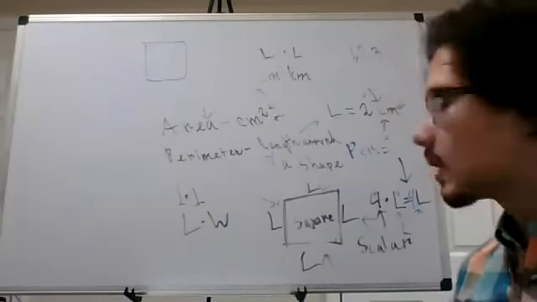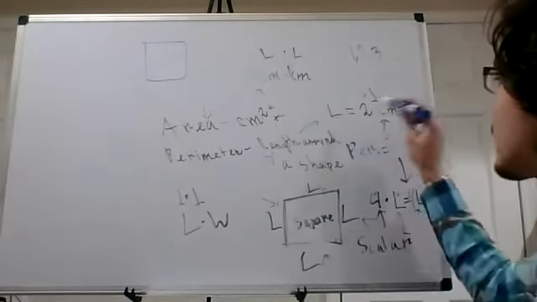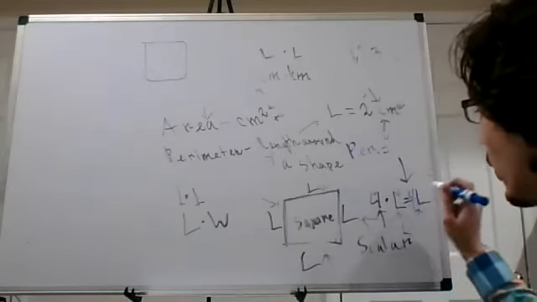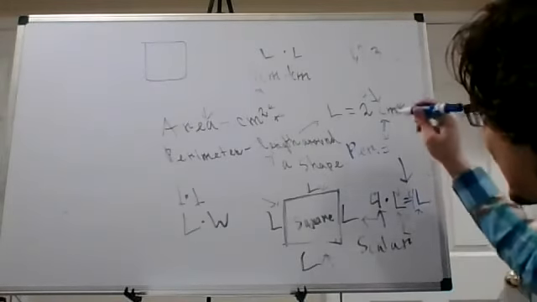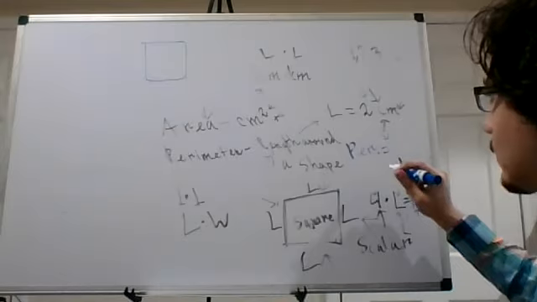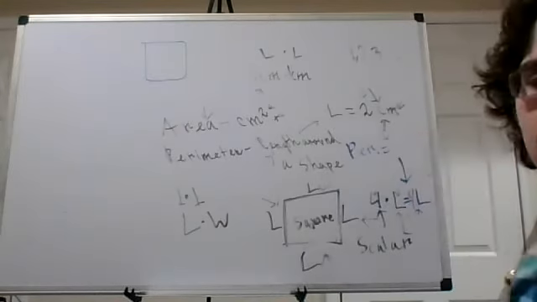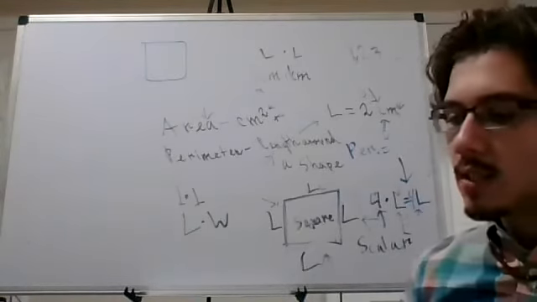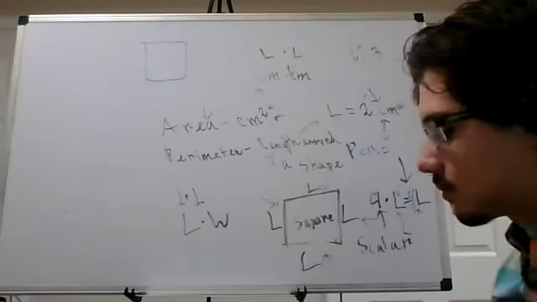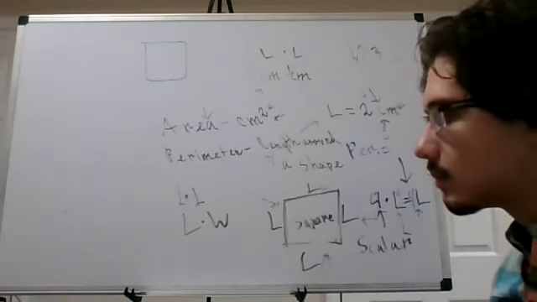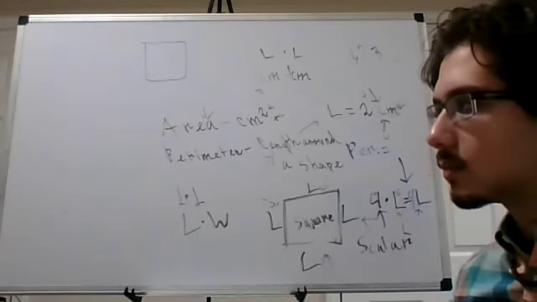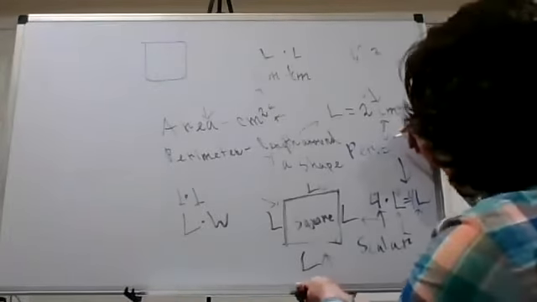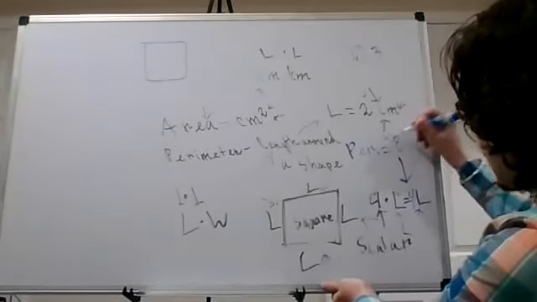Yes, sir. If the length is 2 centimeters and the perimeter should be 4L, what should the perimeter be? Oh, yeah. 12. What's 4 times 2? 4 2s are 8. 8, sir. 8. Don't worry, we all make mistakes like that.